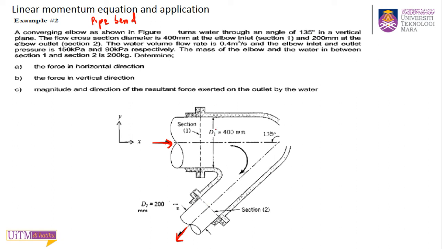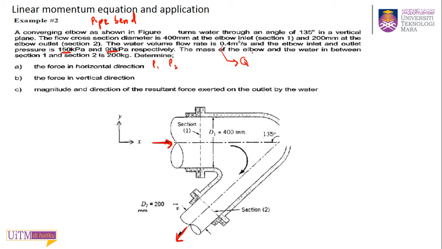So there's a different cross sectional area. It's not the same. The water volume flow rate is 0.4 meter cube per second. So this is your Q. The elbow inlet and outlet pressures are 150 kilopascal and 90 kilopascal. So they gave you already the P1 and P2.